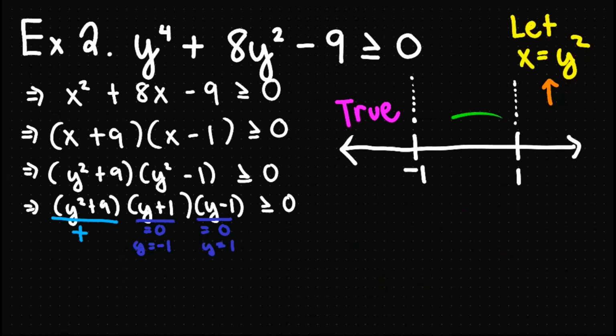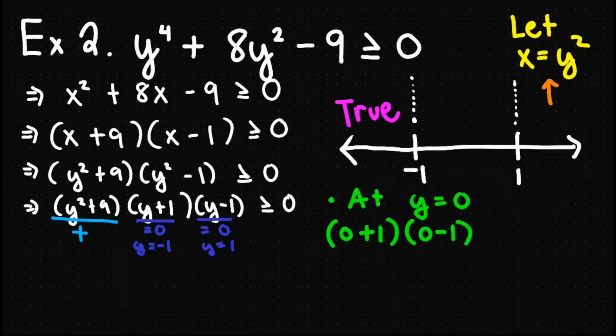Next, let's focus on this region in the middle. And a test value that we can use is y equals 0, since 0 is between a negative number and a positive number. So at y equals 0, we'll have 0 plus 1 times 0 minus 1. Again, we'll be only focusing on this 2, since we know that y squared plus 9 is always positive.